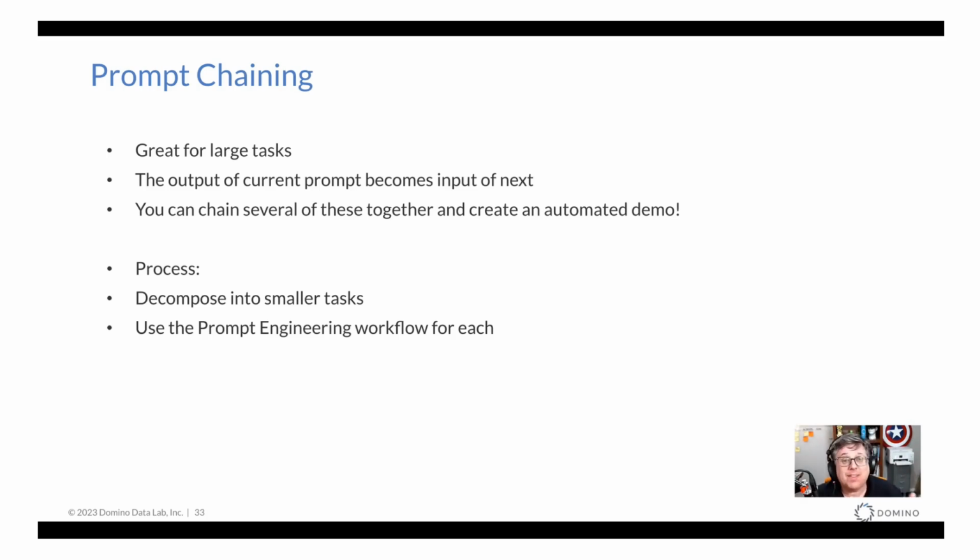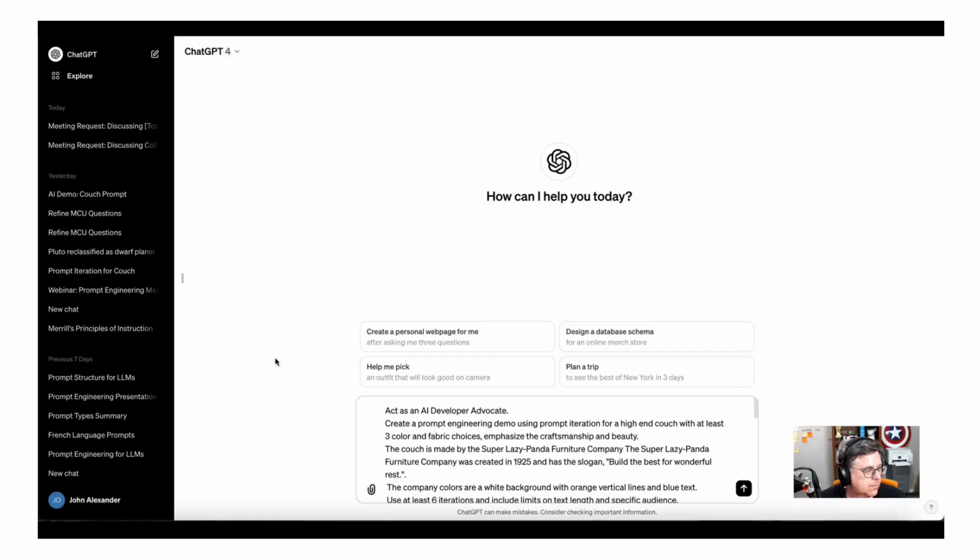So we can chain a lot of these together and create an automated demo, process, whatever we want. And so it's just taking that prompt engineering workflow that we've already talked about, where we have a goal, we're clear and concise, we iterate through and make sure we're getting what we want. And we do that with each one of those and decompose those down. So let's see an example of that now.